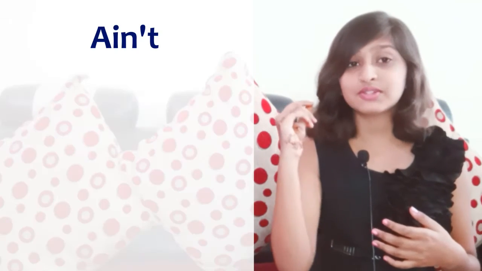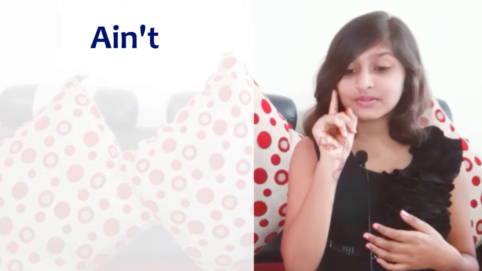A lot of you might have also noticed that I haven't included the contraction of am not. That's because am not doesn't have a contraction at all. There isn't a word called amn't in English, and a lot of people don't know this. Well, if you actually want to use a contraction instead of amn't, you can very well use the word ain't.